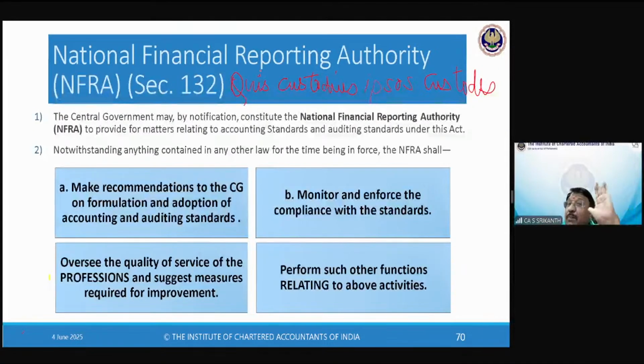I cannot turn a blind eye and go on with my audit and say, I'm only a balance sheet auditor, I don't have to bother about this. No. If I smell a fraud, because of my training, because of my ability to put two and two together, I am bound to report it to the audit committee or to the central government.